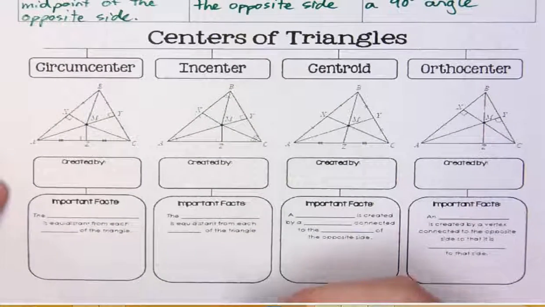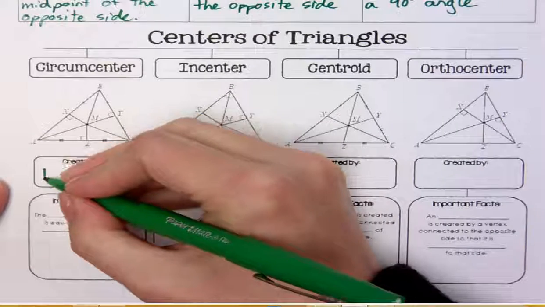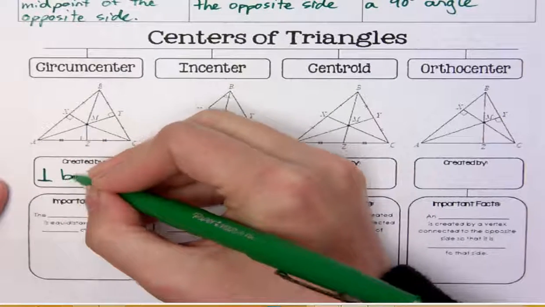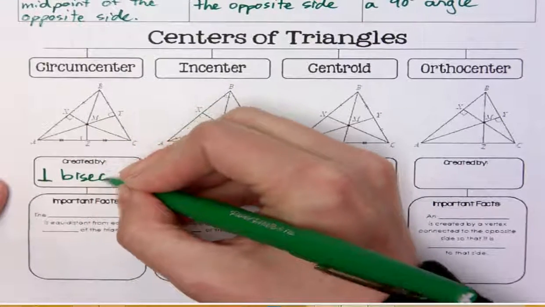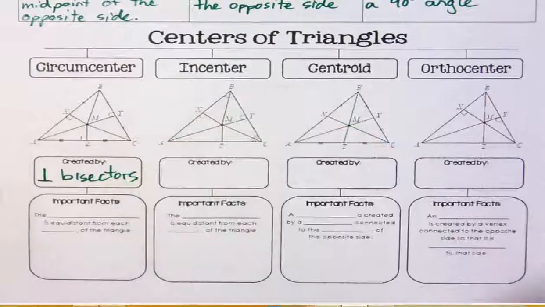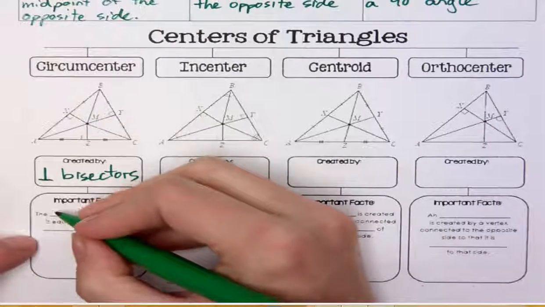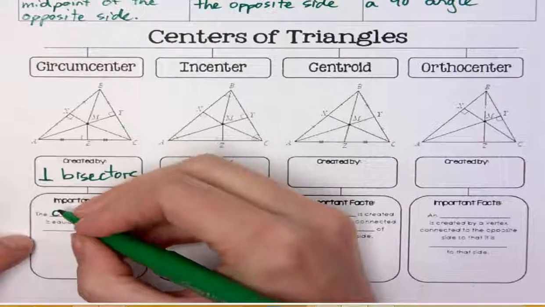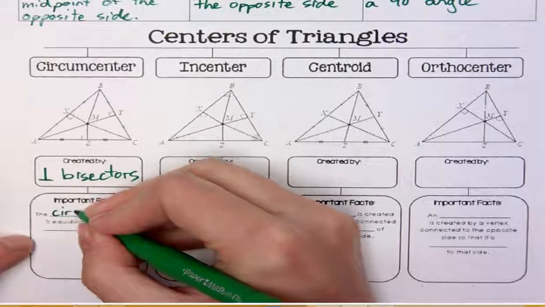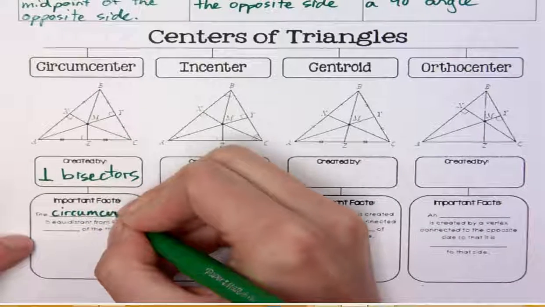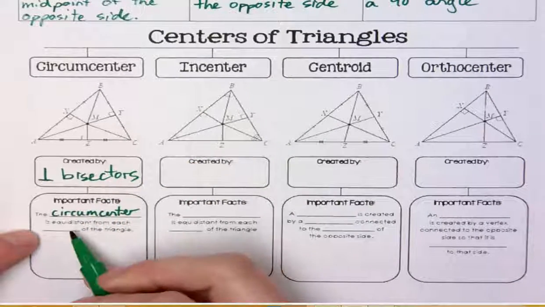And so circumcenter is created by the perpendicular bisectors. And these are tiny little blanks here, but what we fill in is just the circumcenter is equidistant.